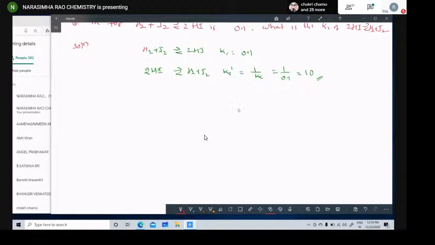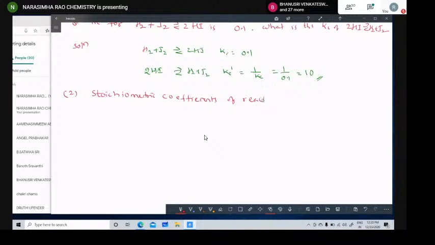Now, what I am saying, children. The first case, mode of reaction, is completed. The second one is the stoichiometric coefficients of reactants. For the forward reaction it is reactant, for the backward reaction it is product. Let me discuss.